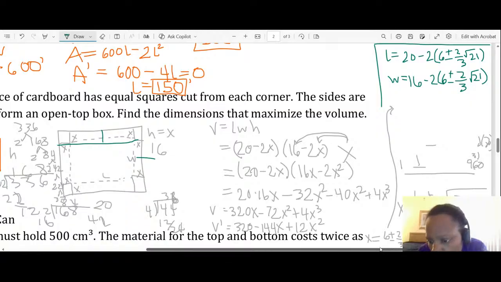Okay, so 6 plus 2 times, let's just say it was 4, right? It would be 8/3. 6 plus 8/3. It's going to be around 8. That's not right.